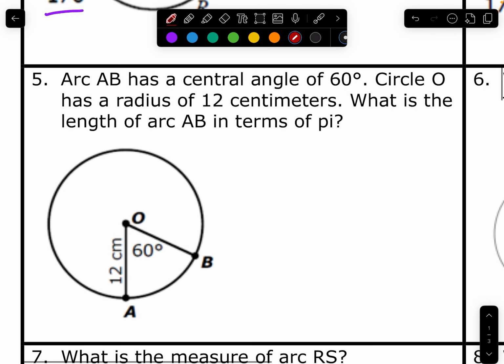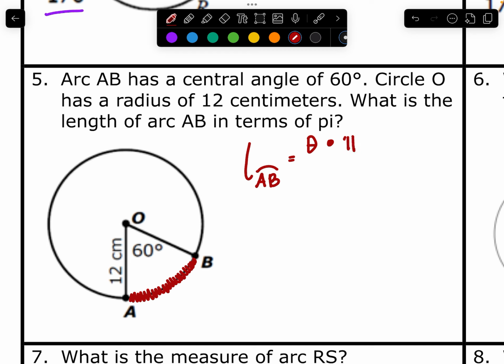And number 5, arc AB. Arc AB has a central angle of 60 degrees. Circle O has a radius of 12 centimeters. What's the length of arc AB in terms of pi? That would be theta times the circumference, which is pi times diameter, over 360.